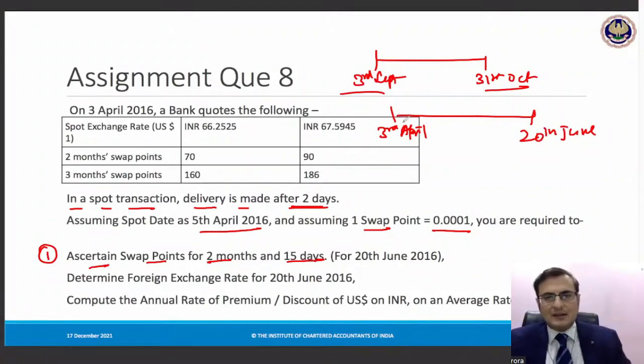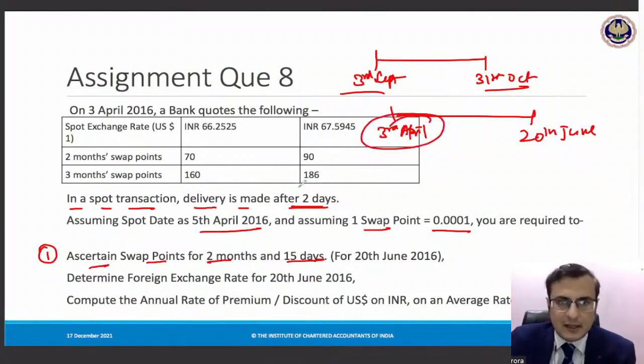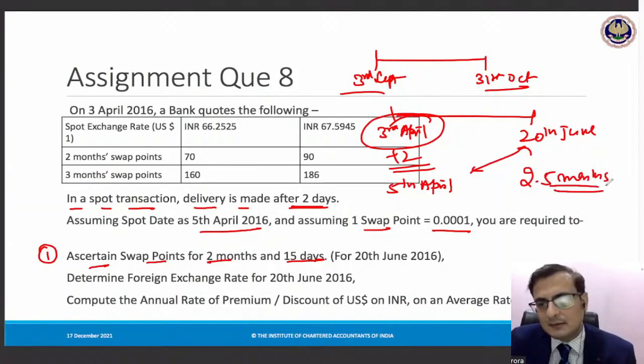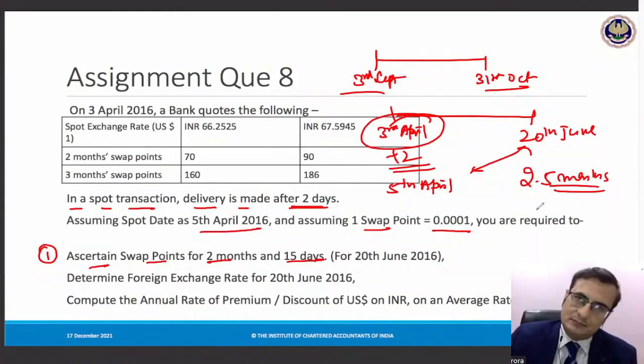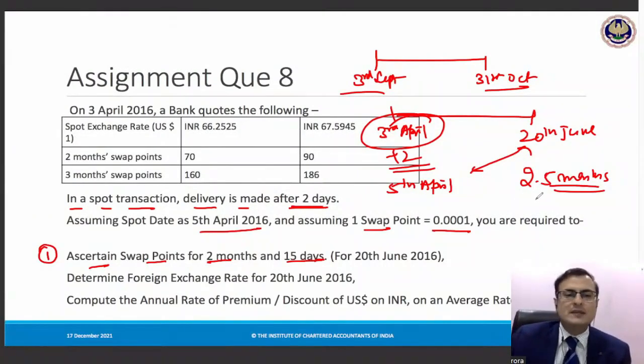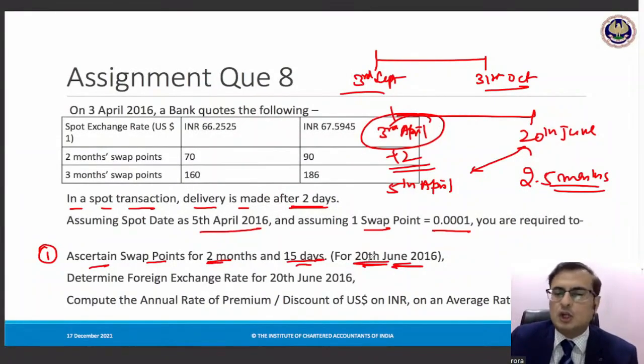So the transaction that will take place on 3rd April, you add 2 more days, so it becomes 5th April. So from 5th April to 20th June, how much? 2.5 months. Everybody's clear, guys? Just look at the dates. From 3rd April, you have to give the swap points for 2 months and 15 days. That is for 20th June.